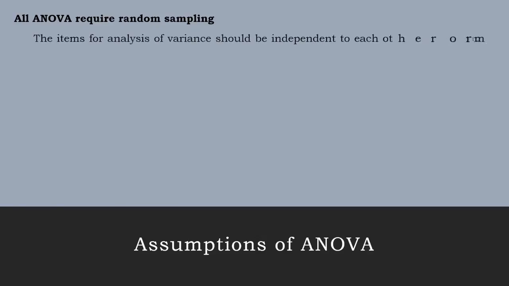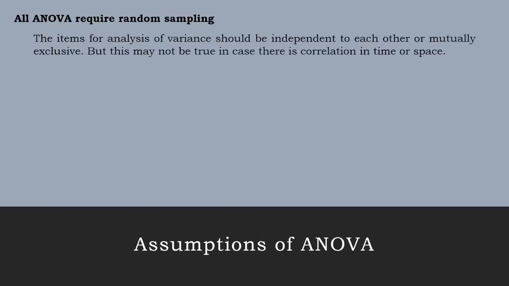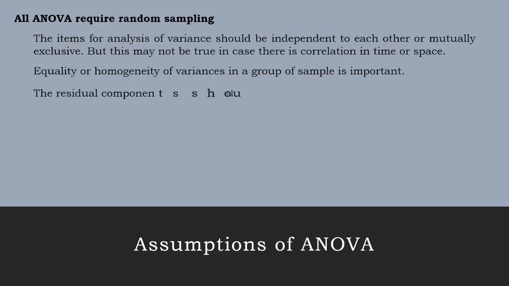Now, there are various assumptions of Anova. Anova is based on the following assumptions. Anova requires random sampling. The items of analysis of variance should be independent of each other or mutually exclusive. Equality or homogeneity of the variance in a group of samples is important. The residual component should be normally distributed.